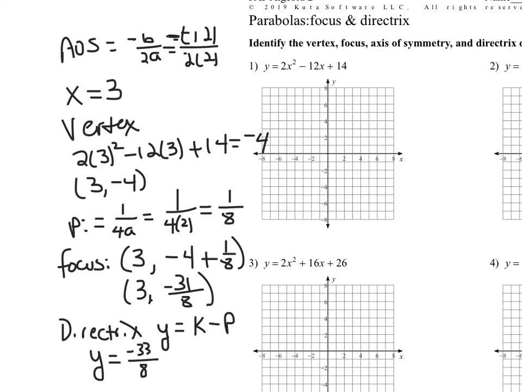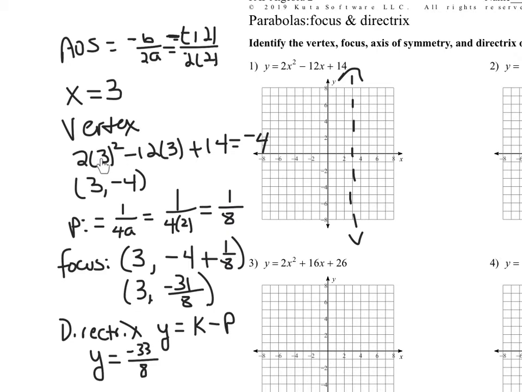So if I wanted to graph that, I would just put a dashed line showing that I have an axis of symmetry at x equals 3. So I can start my graph with my axis of symmetry. The next thing I found was the vertex. So you use this 3 to plug into your equation everywhere there's an x.